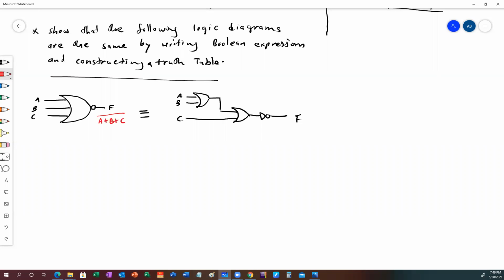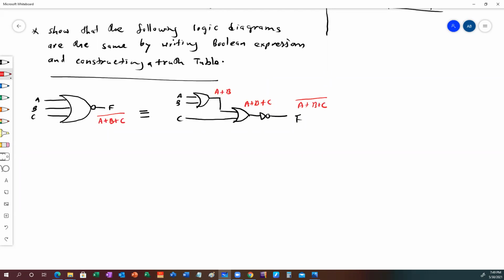Next one. Here you get A OR B OR C. Here you get A OR B OR C, full bar again.